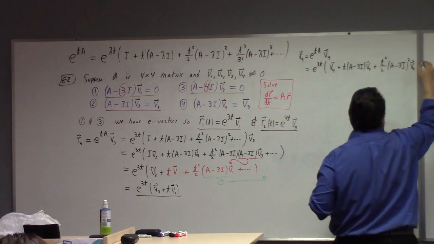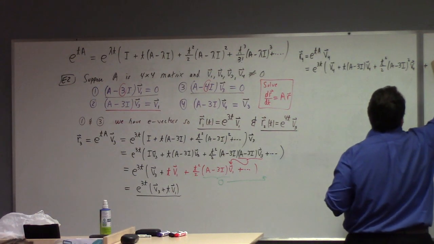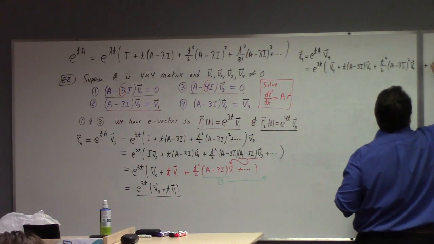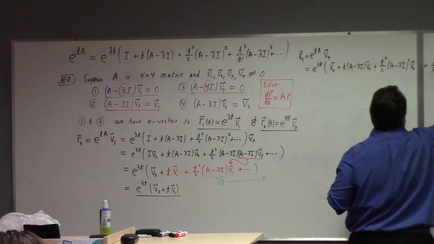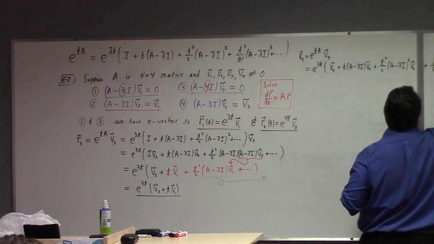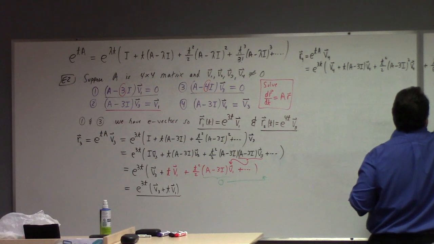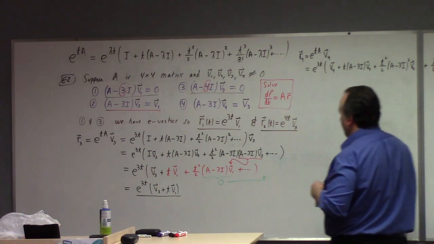See, I'm just multiplying v4 through the series, all right? Plus t cubed over 6 times A minus 3I cubed times v4 plus dot, dot, dot.